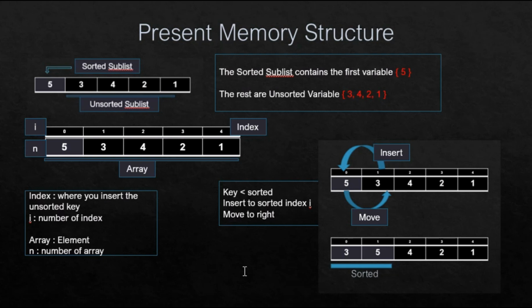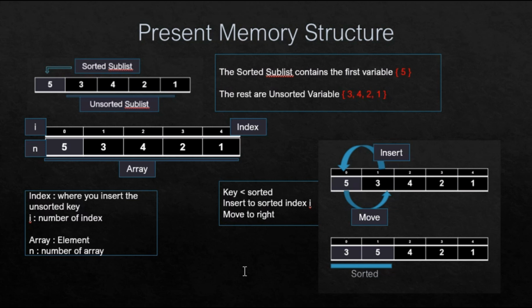So, this is a sample kung paano gawin ang insertion sort. Our sample array, which is 5, 3, 4, 2, and 1, is divided into a sorted sublist and an unsorted sublist. The sorted sublist is the first value of the array, and the rest are the unsorted sublist.